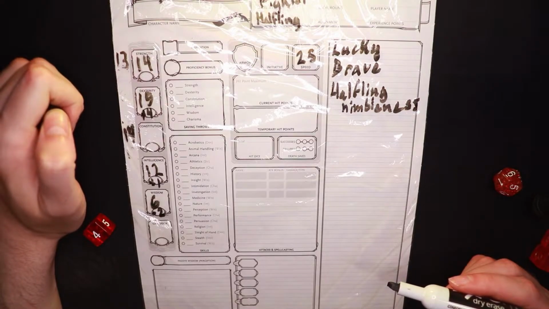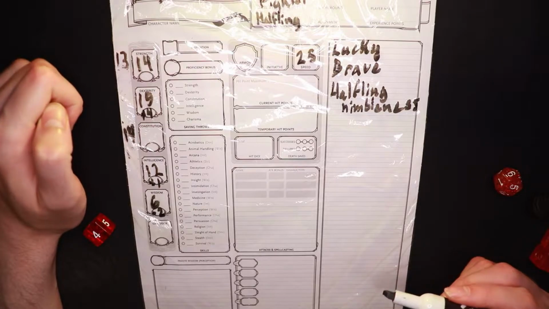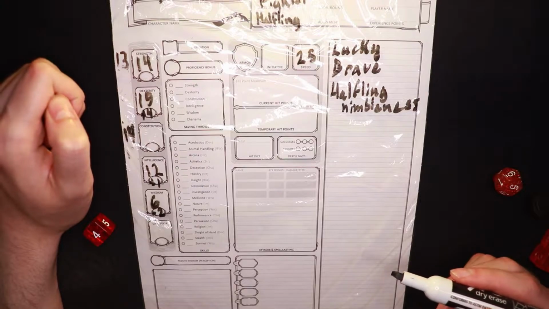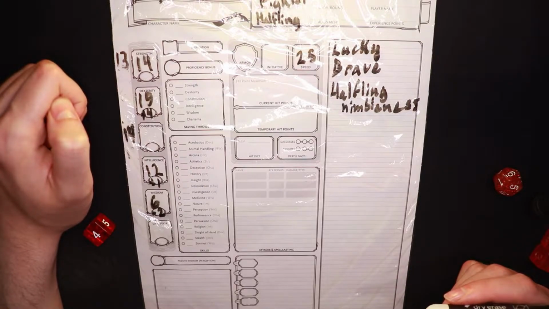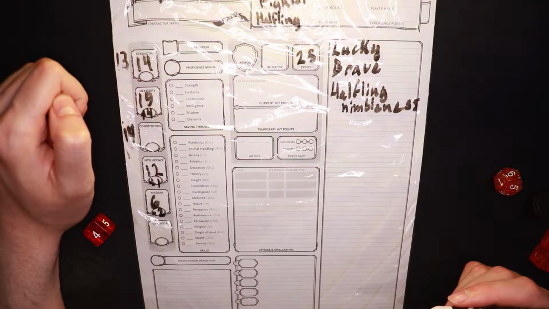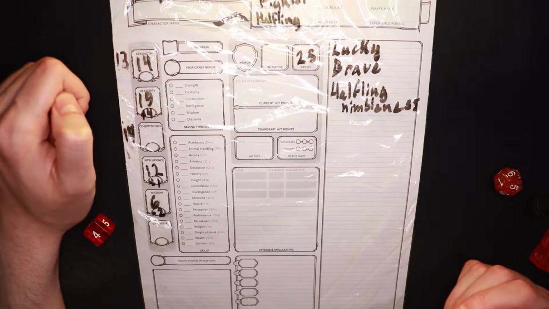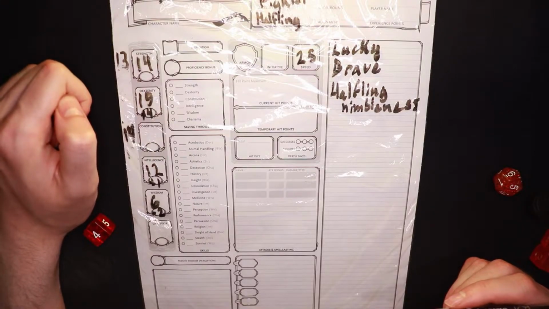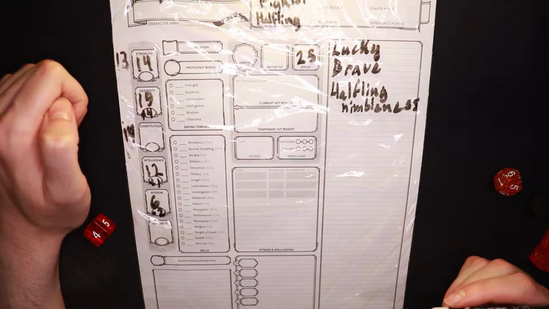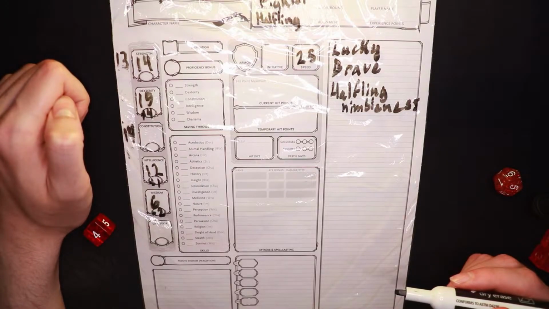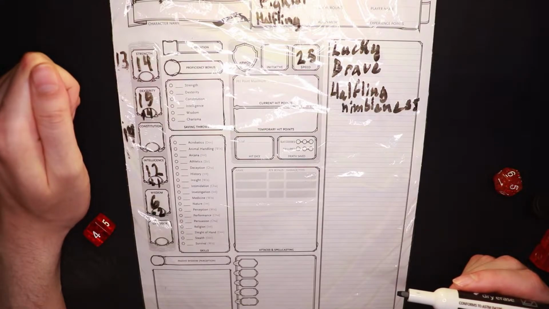The second subrace is the Stout, who are more, well, stout. They get a constitution score increase of 1 and gain the Stout resilience, which gives them advantage on saving throws against poison, and also gives them resistance against poison damage. In this case, I think it might be more advantageous for a fighter to take the Stout route.